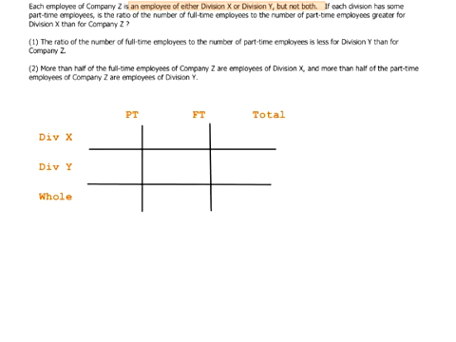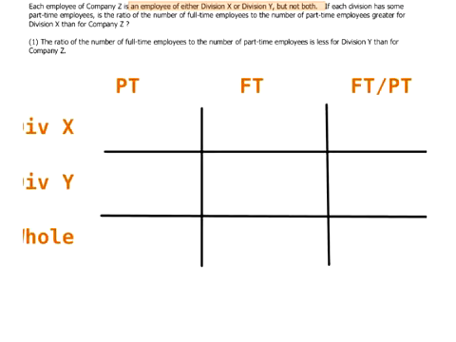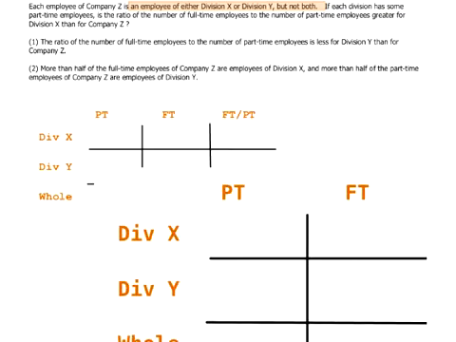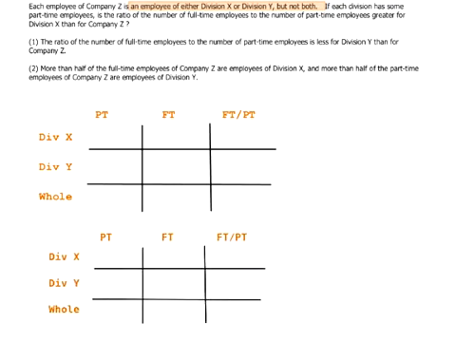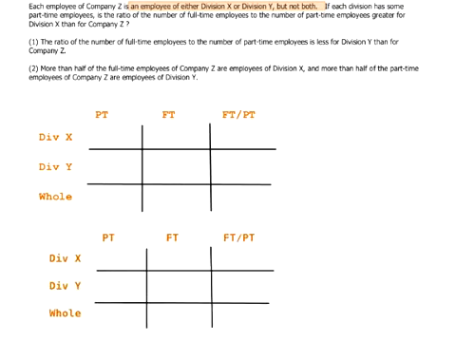So maybe we can get rid of total here and put full-time to part-time. And you're going to want to do this twice because there are two statements. So let's do it again over here. All right.